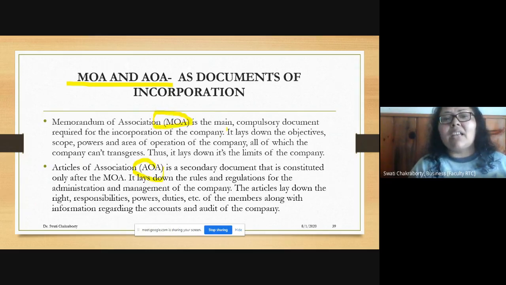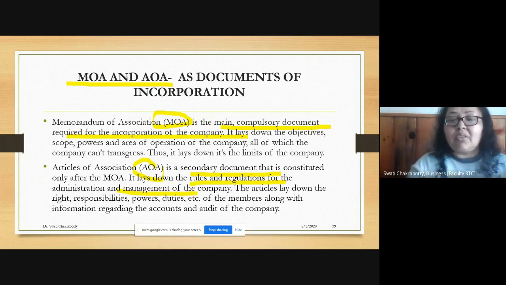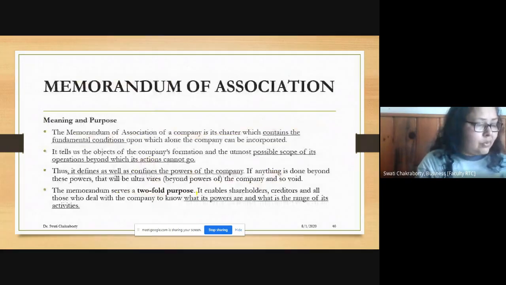The memorandum is the main compulsory document for incorporation, which talks about the objective, scope, power, and area of operation of a company. Whereas the articles of association is a secondary document formed after the memorandum, which talks about the rules and regulations for the administration and management of the company.